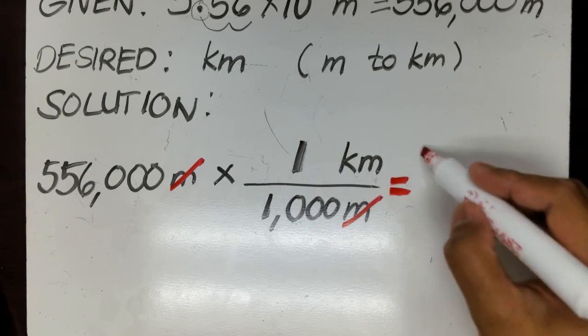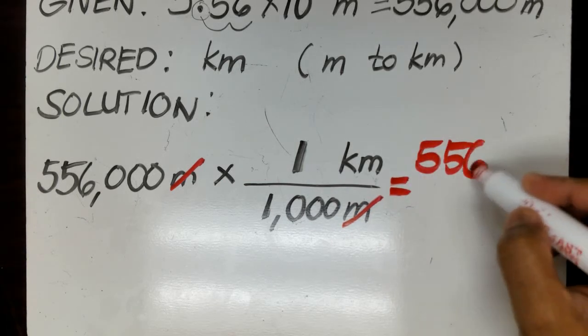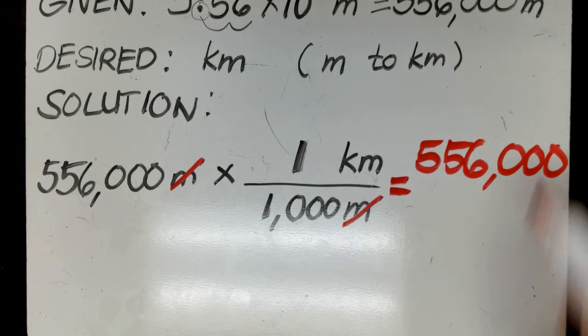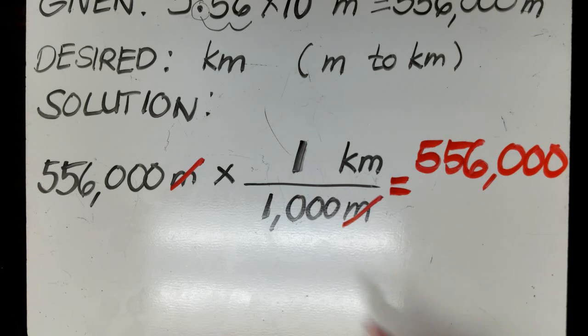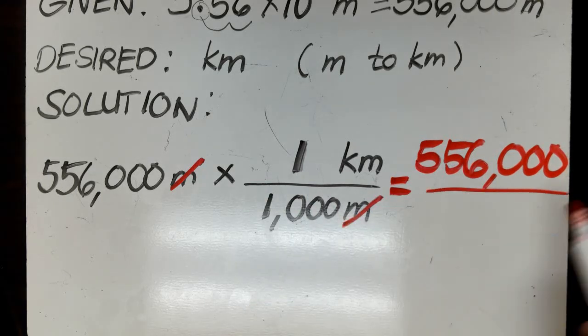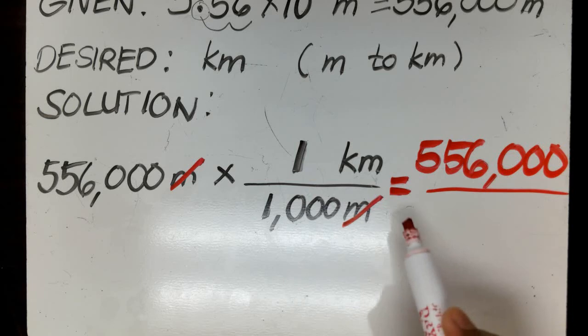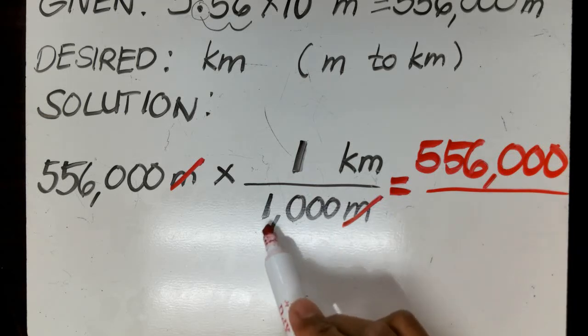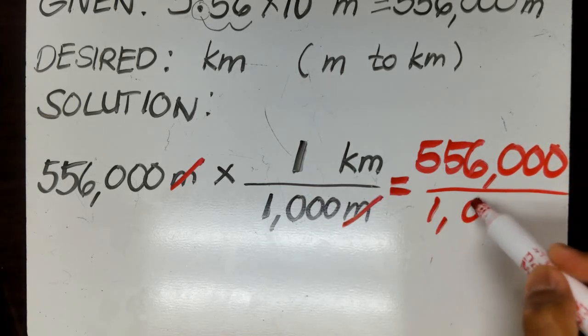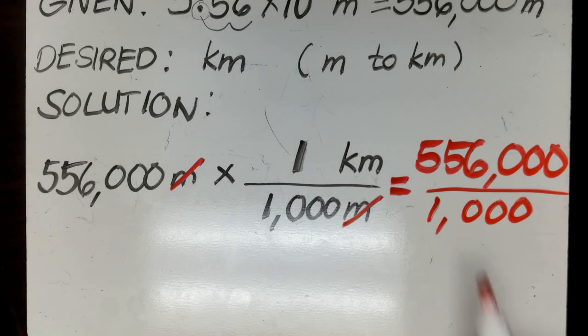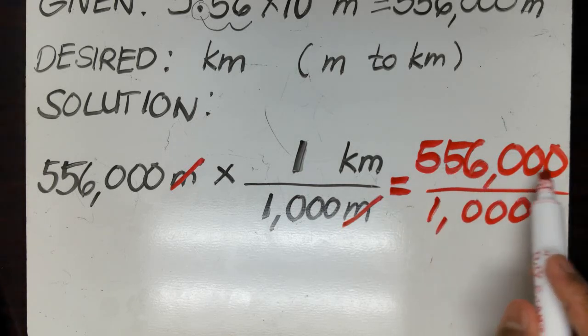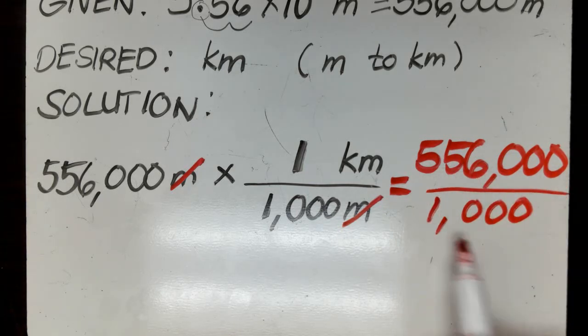That's just going to be 556,000, because it's just times 1. Then copy the line, that line meaning divide, over your 1,000. So it's 556,000 over 1,000. So it's just dividing this.